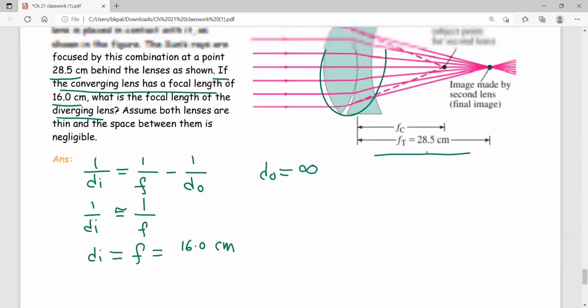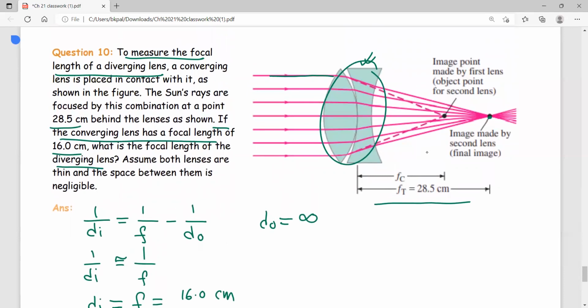After refraction from the first converging lens, the rays meet here. So the image for the first lens is formed somewhere here, the image of the sun, for example.